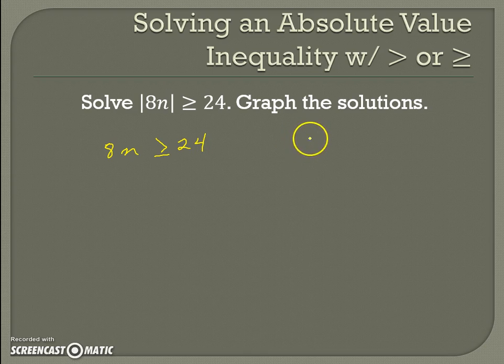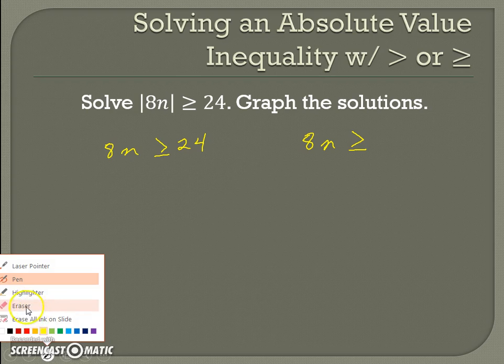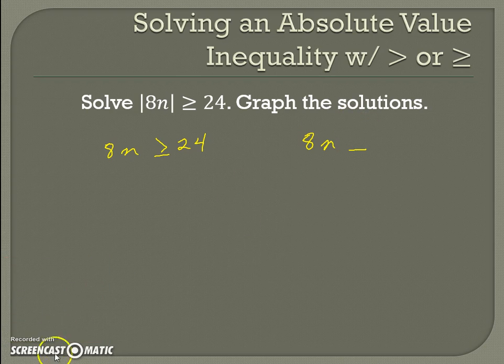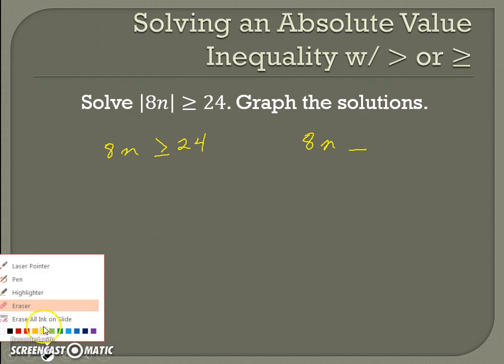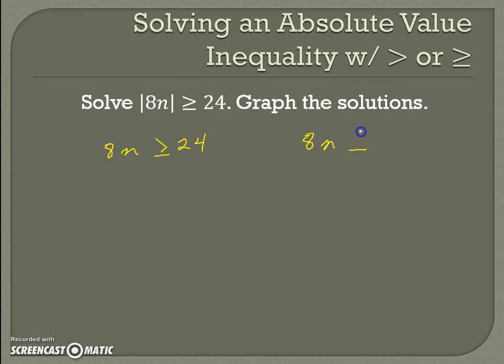The other one, I have to switch it. So I have 8n is less than or equal to negative 24. All right, so there's my OR, and I go through and solve these two things.